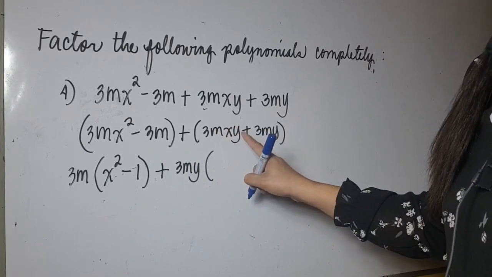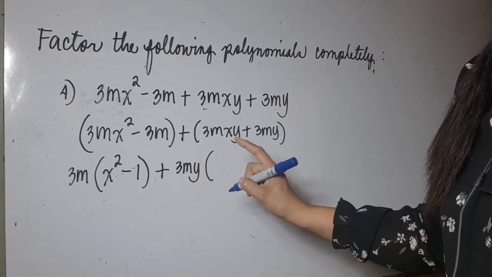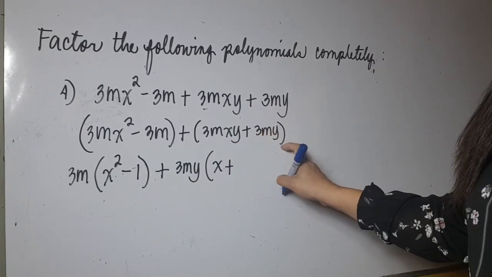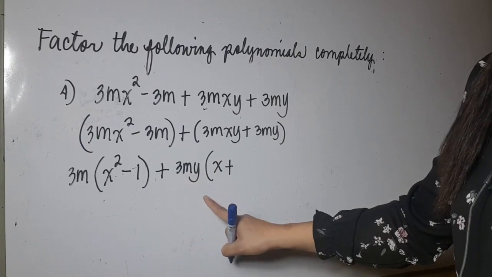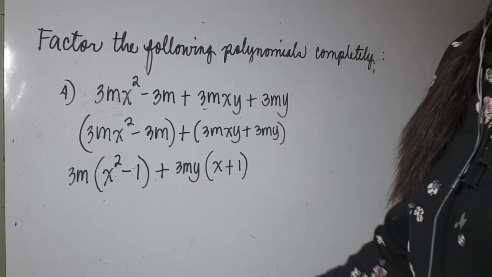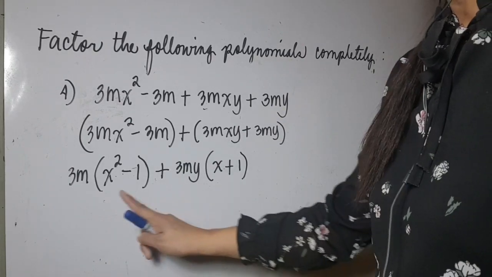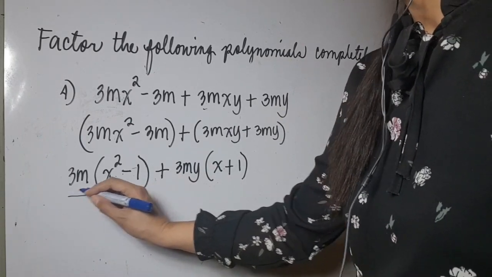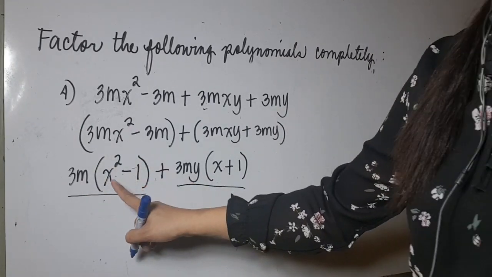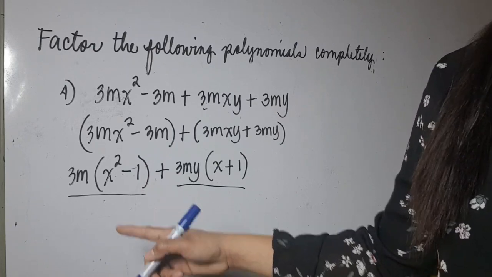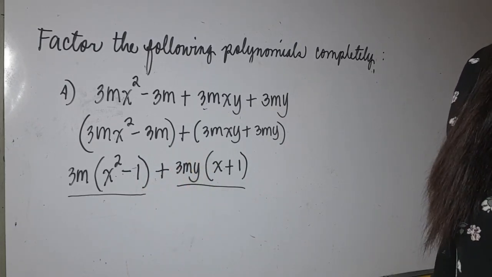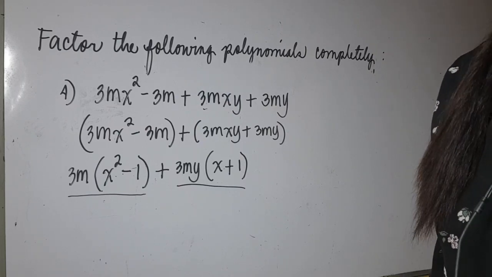So 3mxy divided by 3my is x plus 3my divided by 3my is 1. Okay, now, this is a binomial, okay? We have 2 terms. But if you look at the first term here, we have x squared minus 1, which is obviously a difference of 2 squares. So, pwede pa yang i-factor.